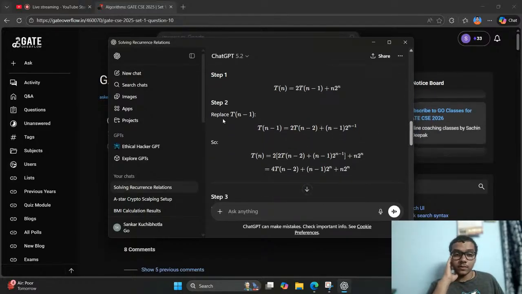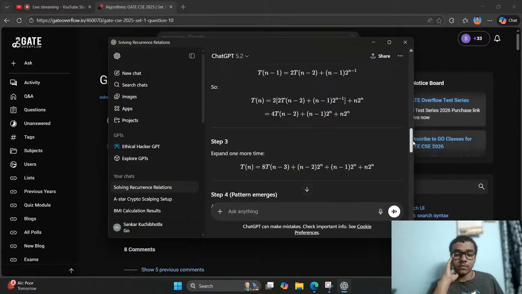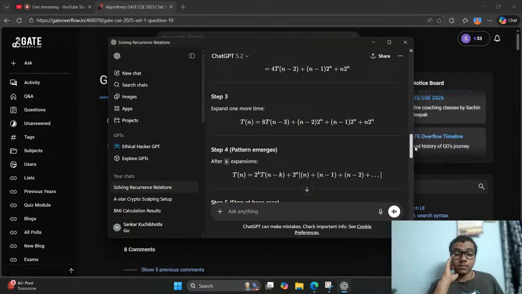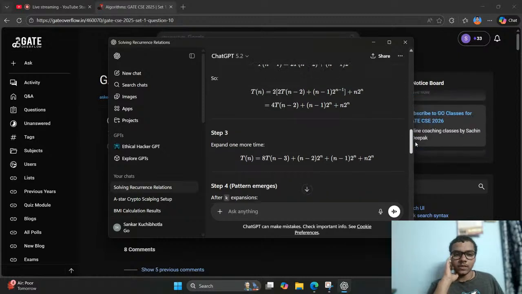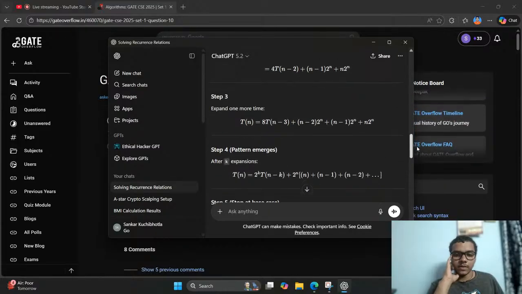Okay, replace T(n minus 1). The pattern is 2 power k T(n minus k) plus 2 power n.